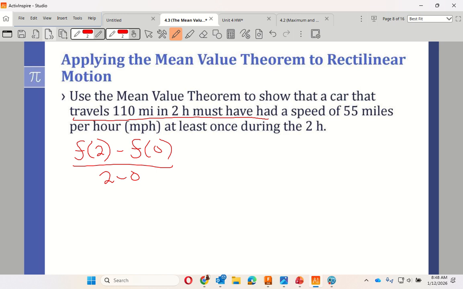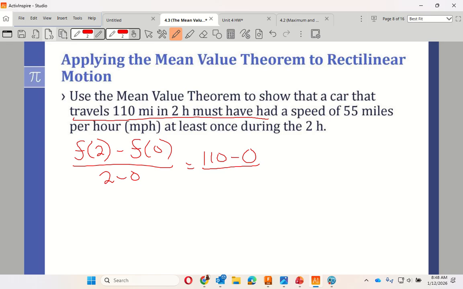What do we get? f of 2, right there, I end up with 110 minus, what's f of 0? 0.